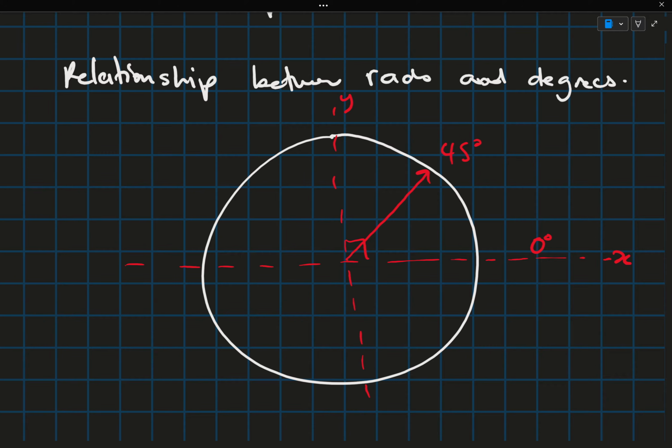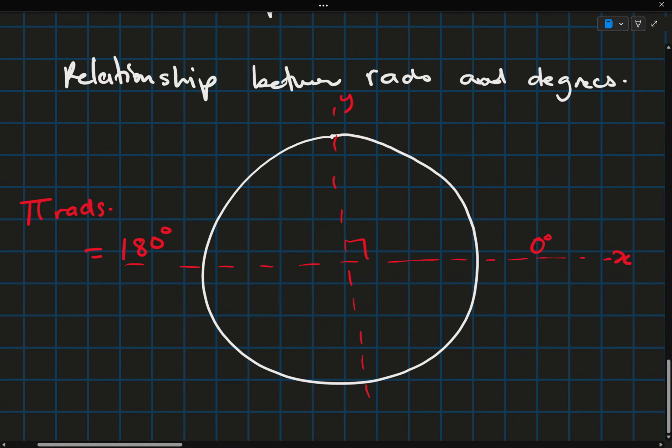That would be 45 degrees. So we would describe any angle along the circle with a degree. But what we need to know is that half a revolution, or 180 degrees along a circle, is equal to pi radians.